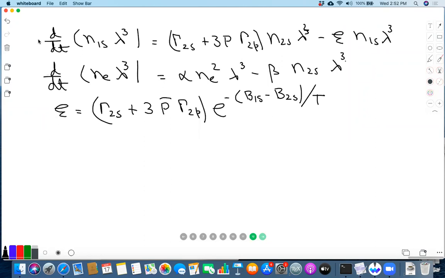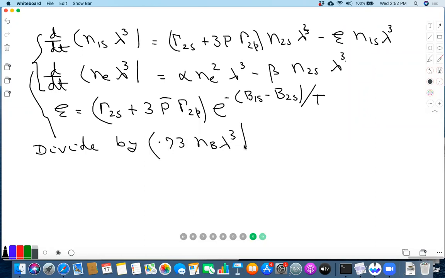Now the idea is that we divide this by 0.73 N_B lambda cube, the total density of electrons. Remember that n_e over this is given by x, so we define x as n_e over 0.73 N_B lambda cube and y as n1s over 0.73 N_B lambda cube.